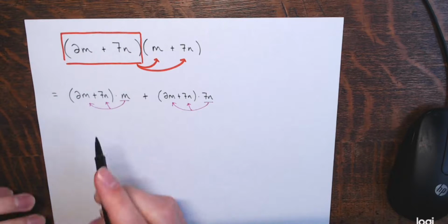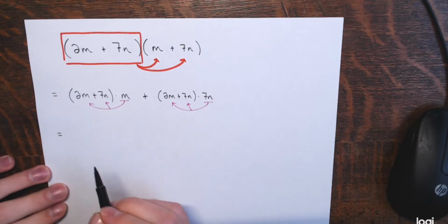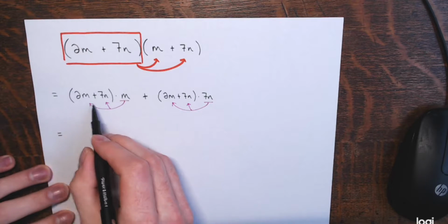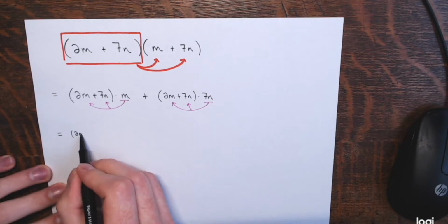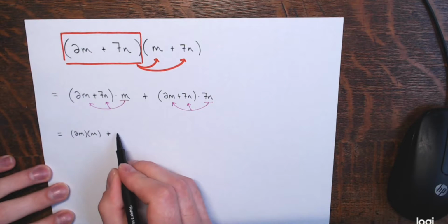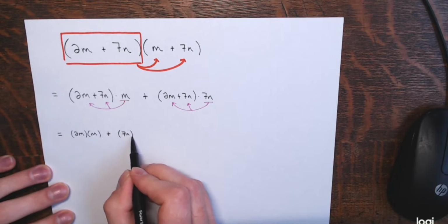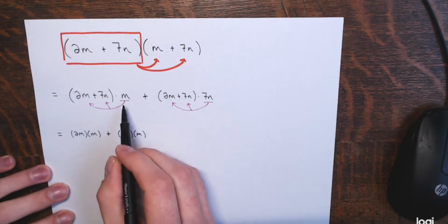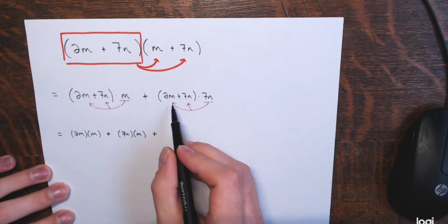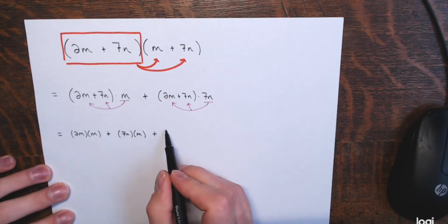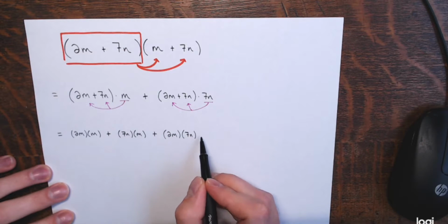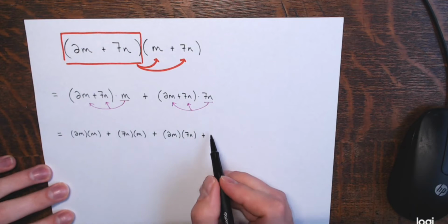And what we end up with is just a sum of products of monomials. Here we'd have 2m times m plus 7n times m, that's what I get when I distribute the m there, plus 2m times 7n, plus 7n times 7n.